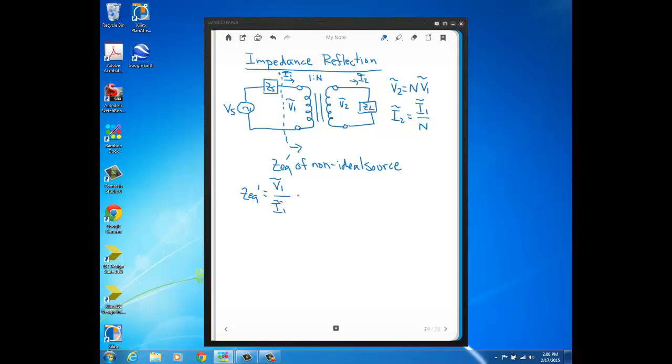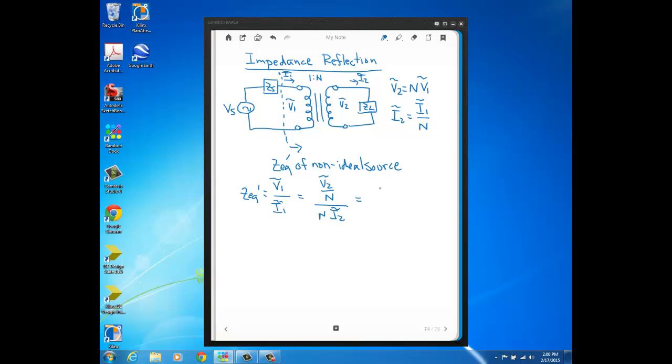Well, we can write the equivalent of the non-ideal source in terms of secondary values, because V1 is equal to V2 over the turns ratio, and then I1 is just equal to N I2.